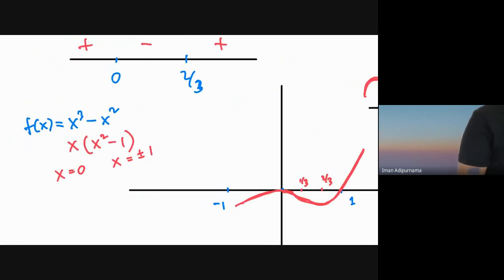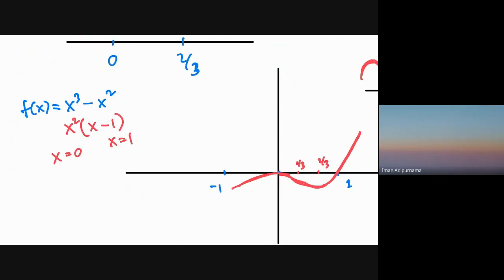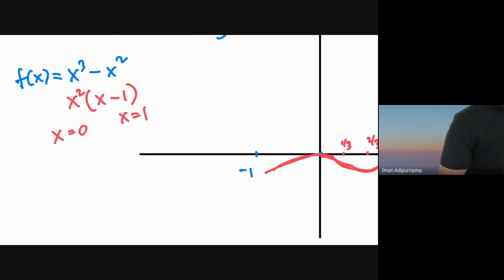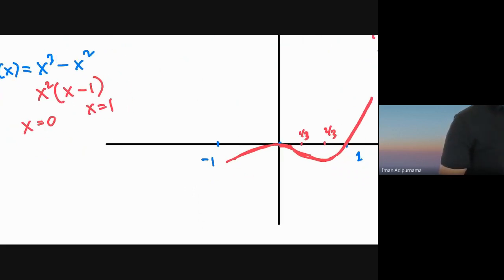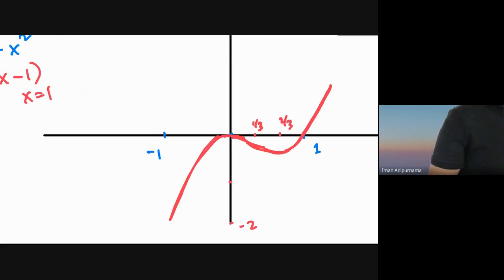Oh, wrong here, sorry. Okay, yeah, that's why I don't have any roots at -1. So sorry here, I think this will be better. Yeah, this is correct. Okay, sorry.